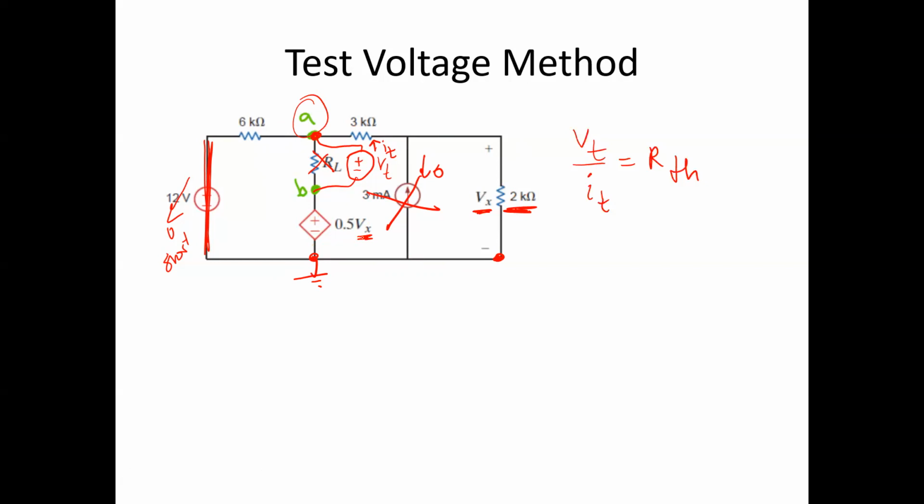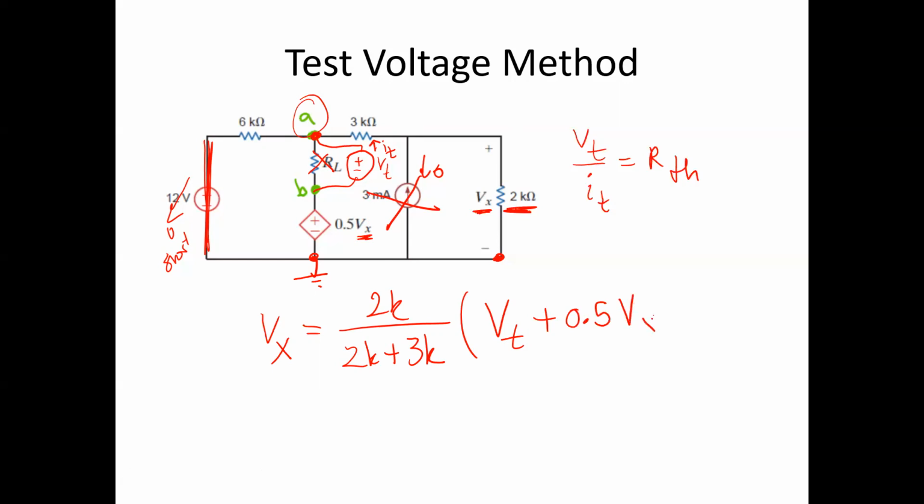I have half volt Vx as my dependent source here, plus Vt. So I can write Vx using dividers as 2K divided by 2K plus 3K times the total voltage which spans the series combination, which in this case is going to be VA, or if I substitute, it will be Vt plus 0.5 Vx.